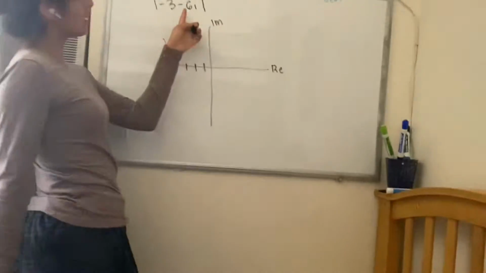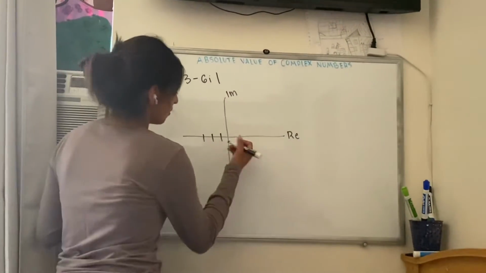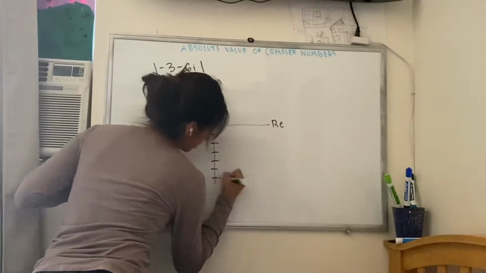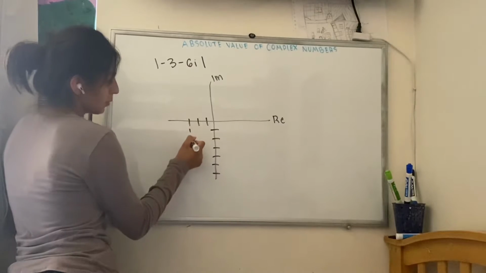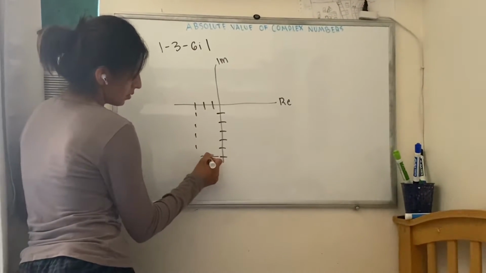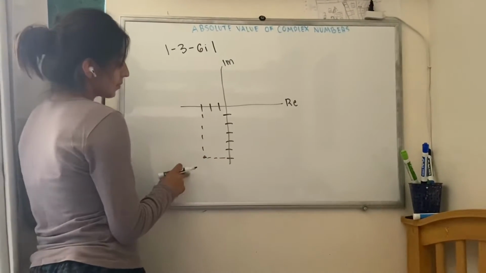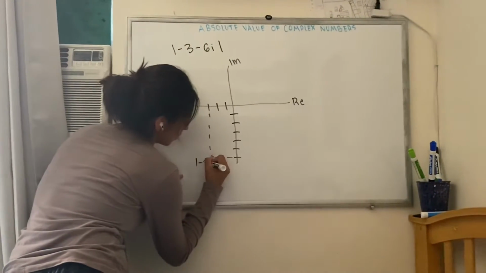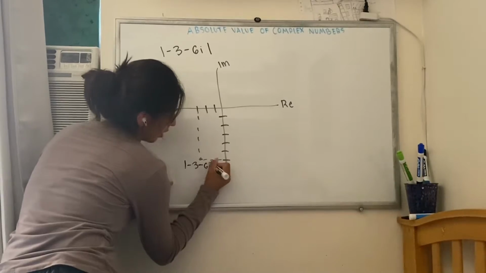And because this is our imaginary number, we will go down 6. 1, 2, 3, 4, 5, 6. Okay, so this point over here is the point for -3 minus 6i.